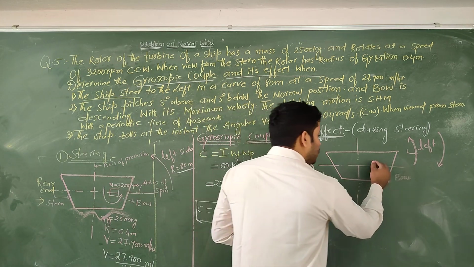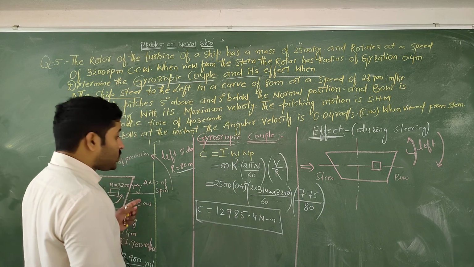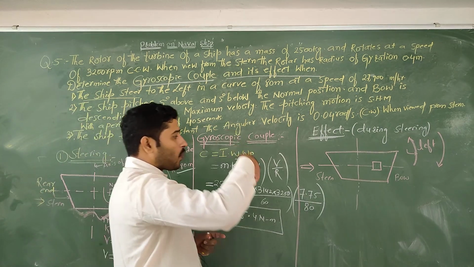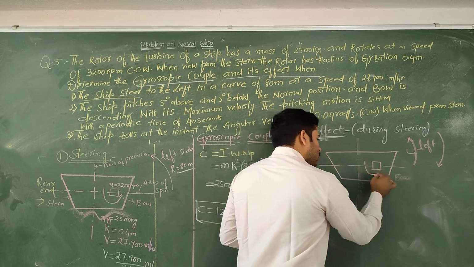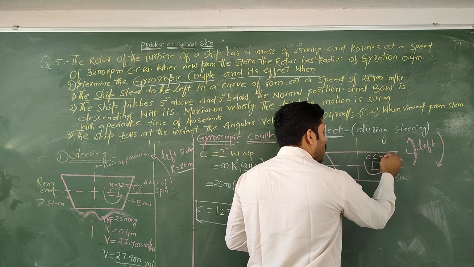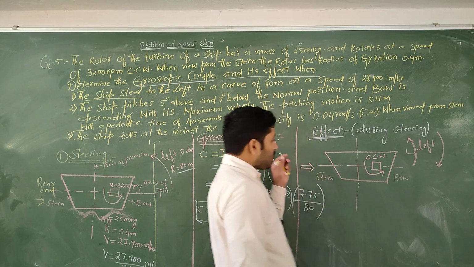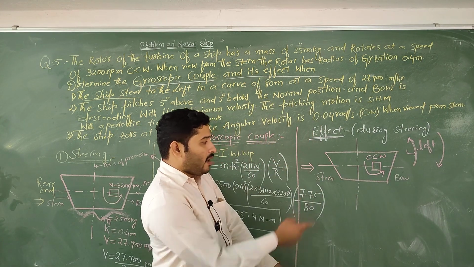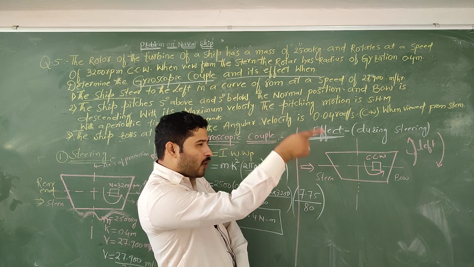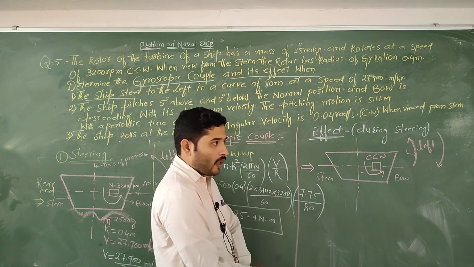As well, this rotor is rotating in the counter-clockwise, or anti-clockwise, direction when seen from the rear end. If the rotor is rotating anti-clockwise, it is considered negative.